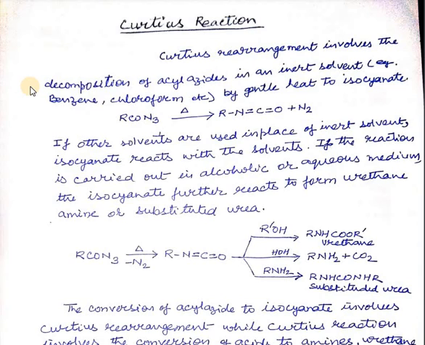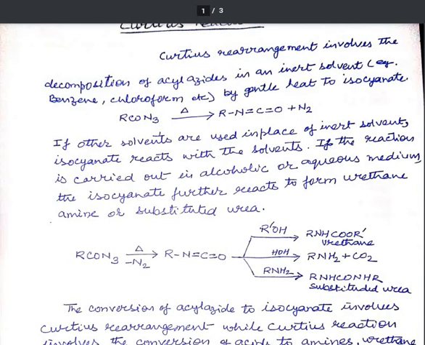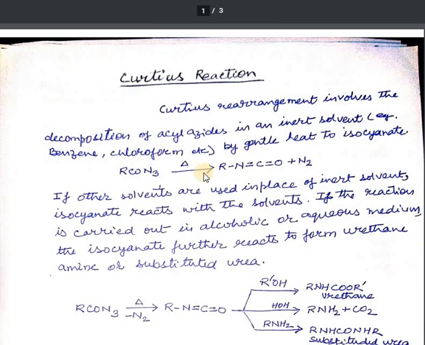Curtius rearrangement involves the decomposition of acyl azide in inert solvent, benzene or chloroform etc., by gentle heat to isocyanate. So the conversion of this acyl azide to this isocyanate is actually Curtius rearrangement.